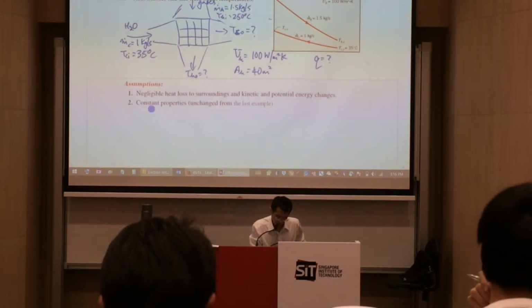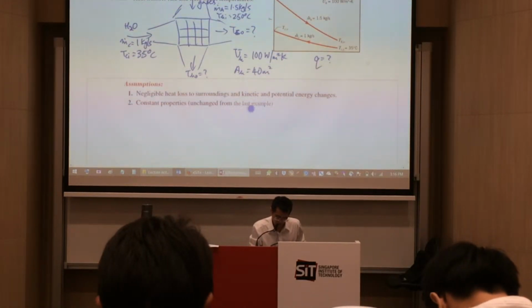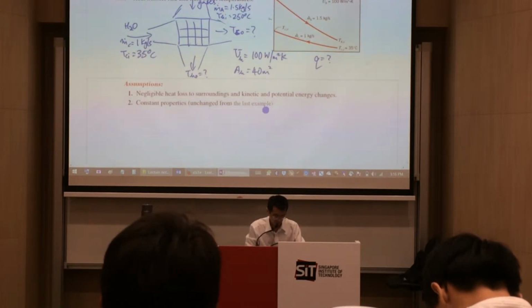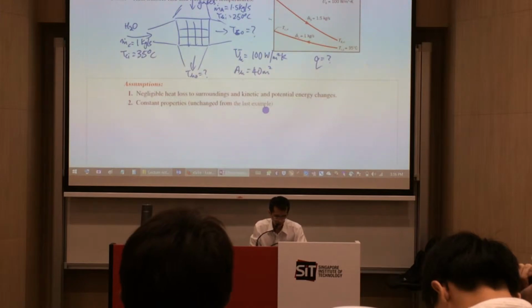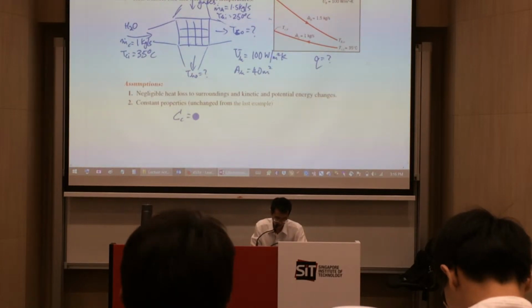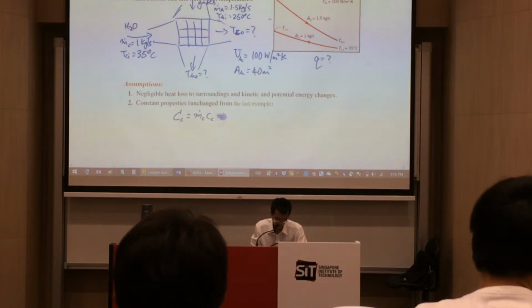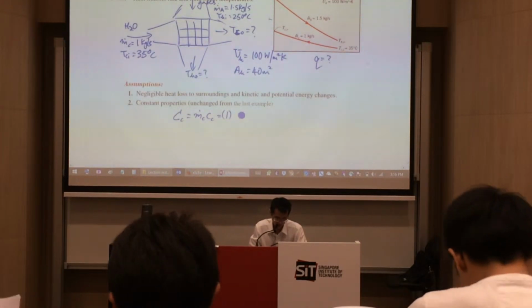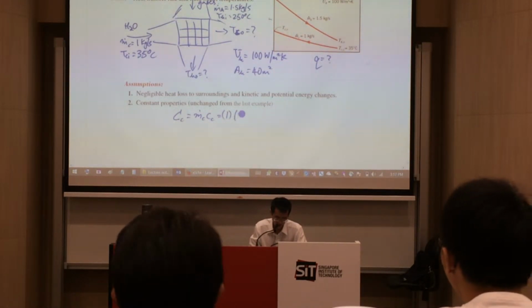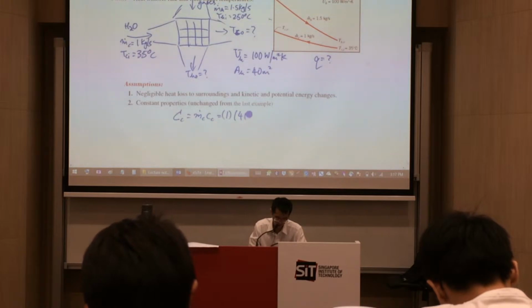So the properties remain unchanged from the last example, so I'm not going to rewrite them. Please refer to them. I'm going to calculate, first of all, to find out which one will be my C min. So I have my CC equal to M dot C, 1 kilogram per second multiplied by the specific heat capacity 4197.